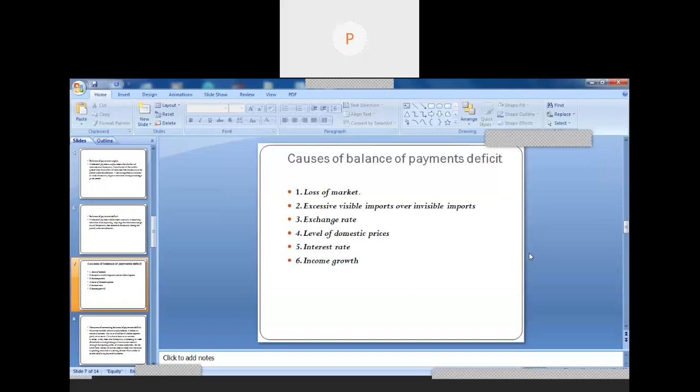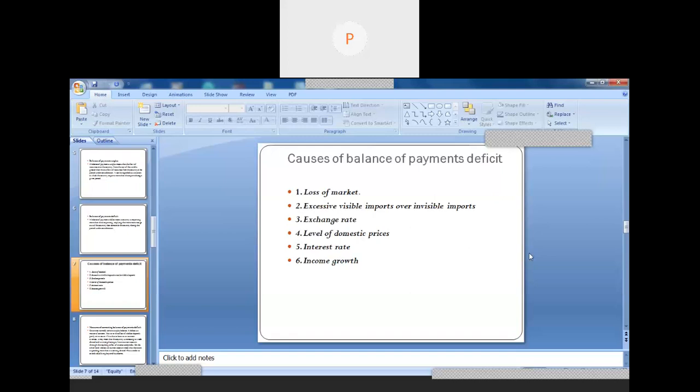Next point I've written is interest rate. Do higher interest rates attract foreign capital or not? Of course, yes. If your banks and financial institutions are giving higher interest rates, it is going to attract foreign capital, and hence, if foreign capital comes to your country, it is going to bring a favorable balance of payment.